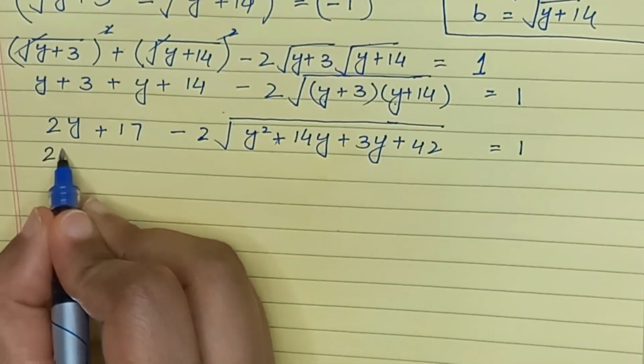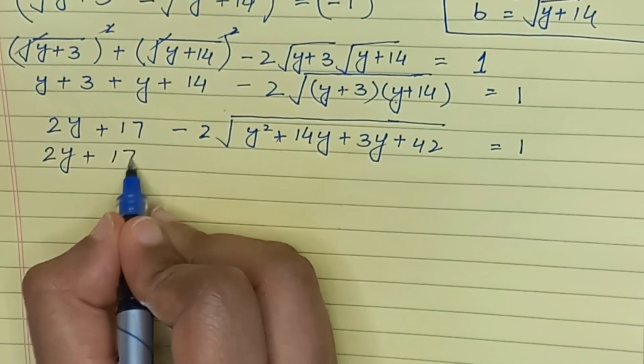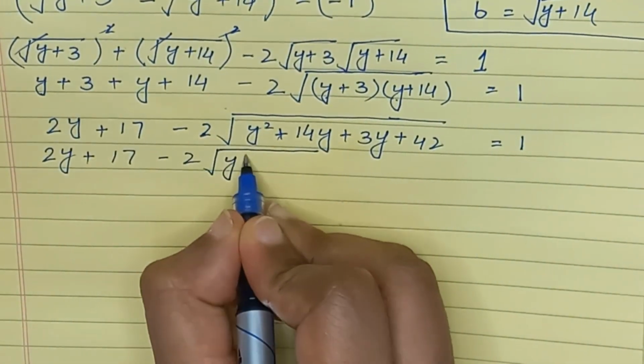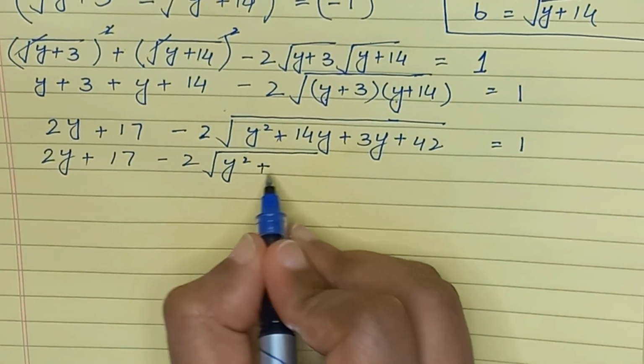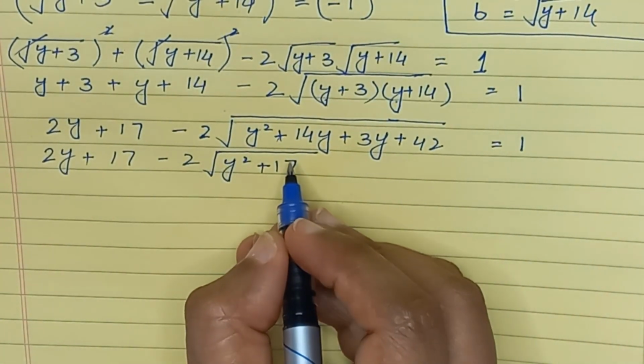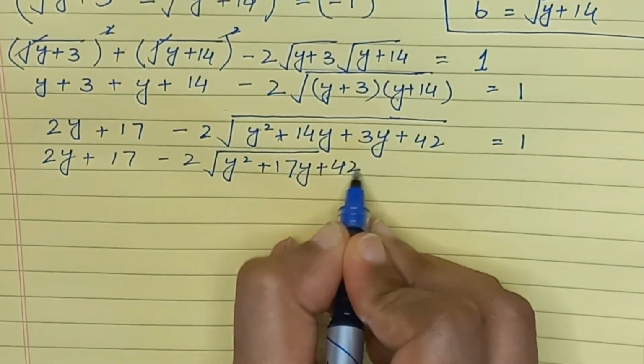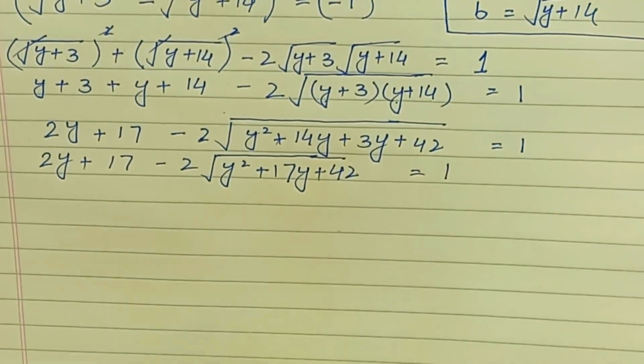Now 2y plus 17 minus 2 square root of y square, 14 and 3 will become 17y plus 42, which is equal to 1.